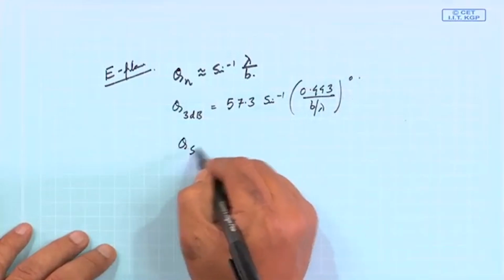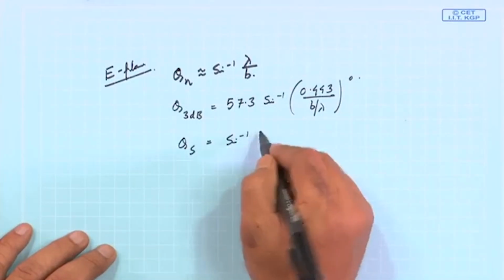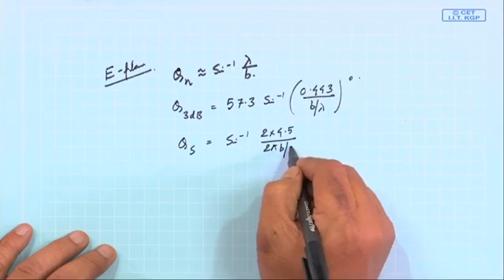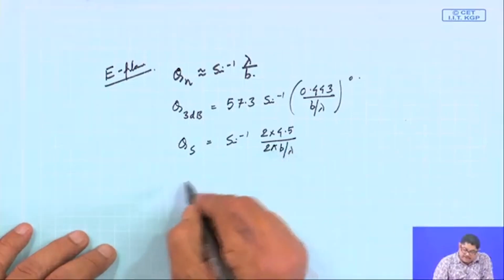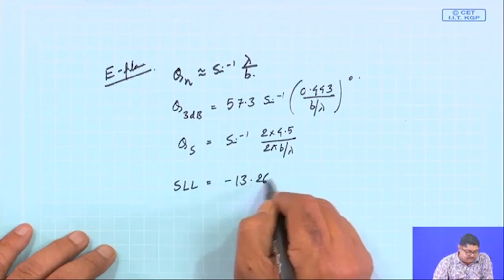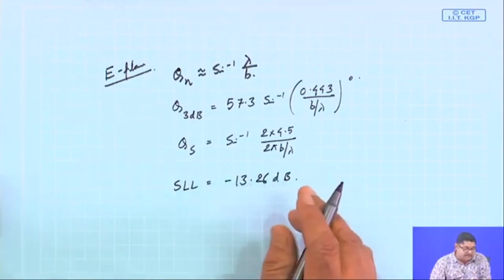Theta s will be sin inverse 2 into 4.5 by 2 pi b by lambda, and the side lobe level is again the same, minus 13.26 dB, etc.